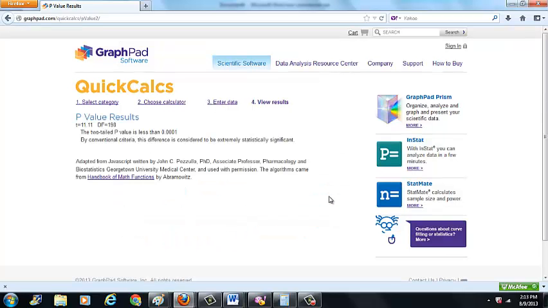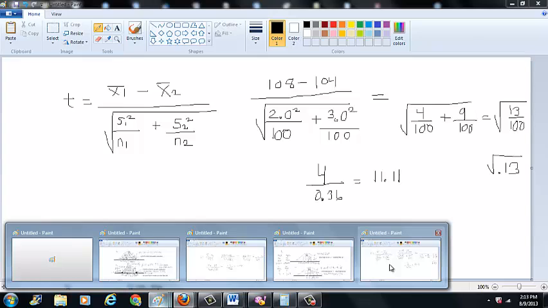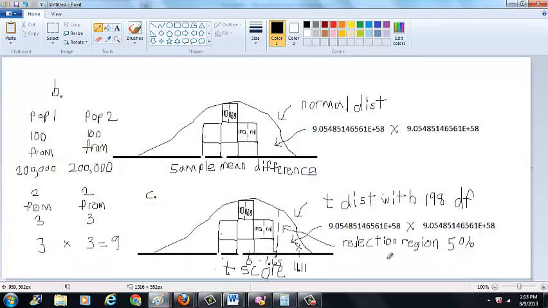It comes out to less than 0.0001 again. So our p-value is just this area at 11.11, which is our t-score, and further to the right. It's a one-tailed test, so we only shade one end of the curve for the p-value.